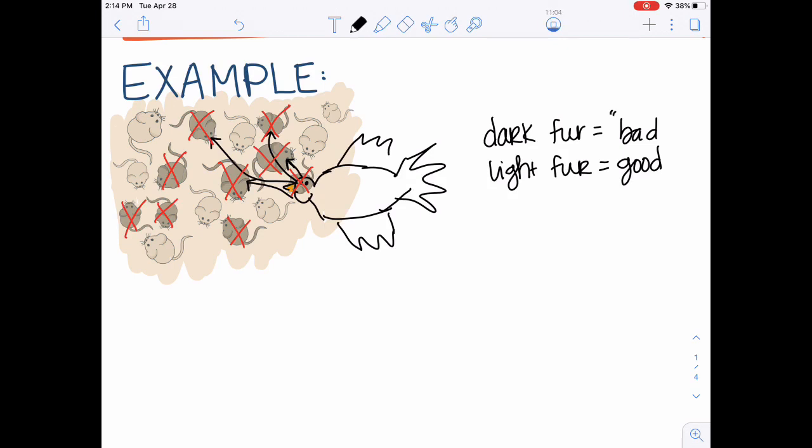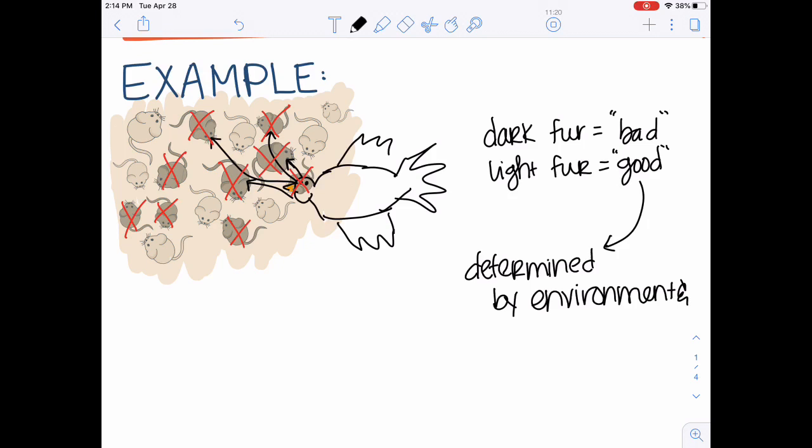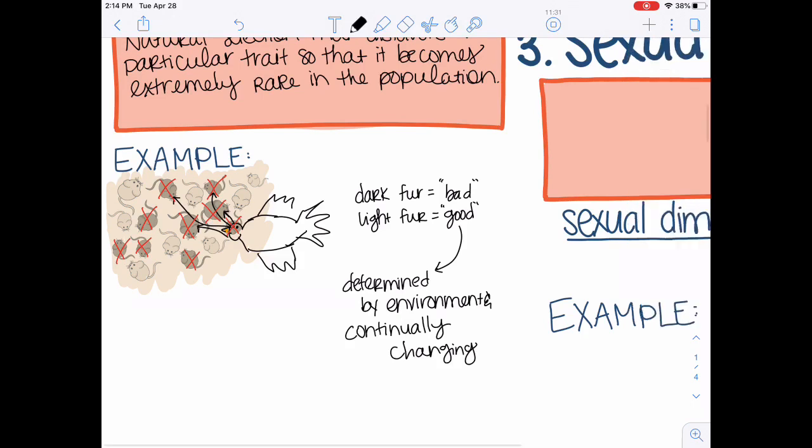So what is deemed good and bad is determined by the environment, but our environments are continually changing. So what's good today might not be good in 3 or 6 months. So keep that in mind. The good alleles versus the bad alleles will be constantly changing.